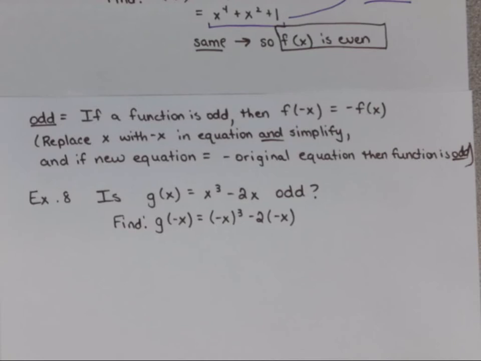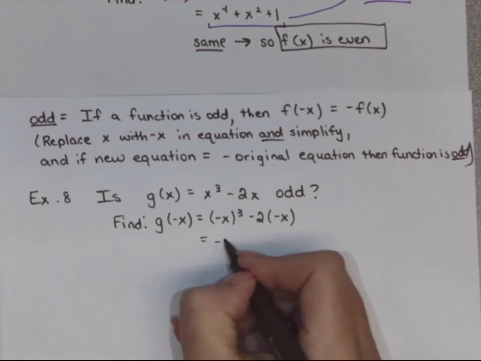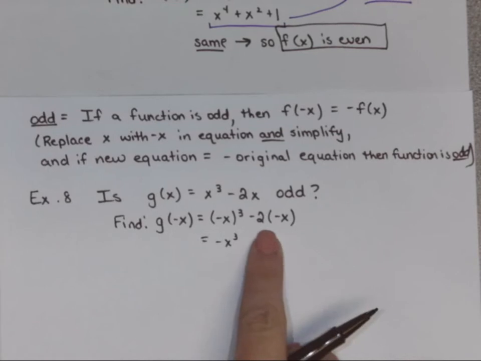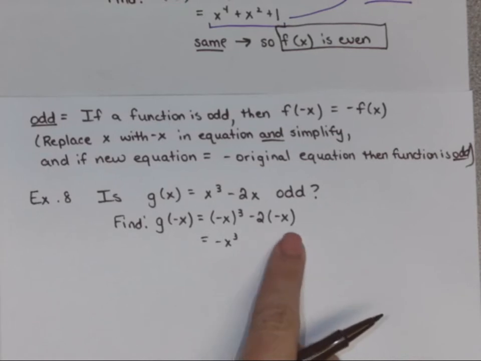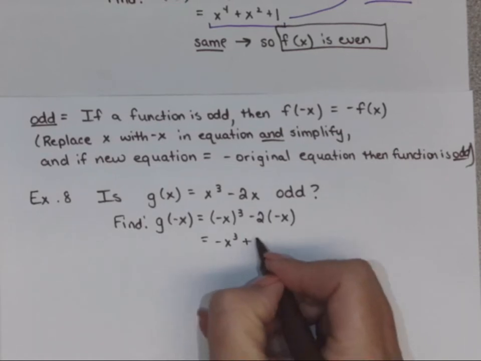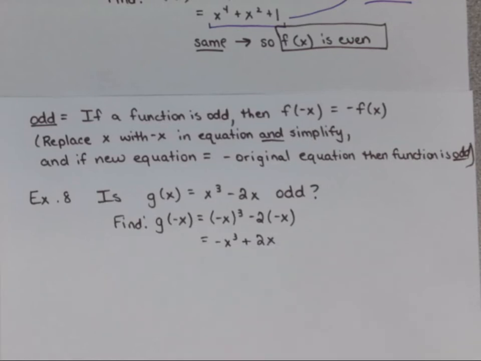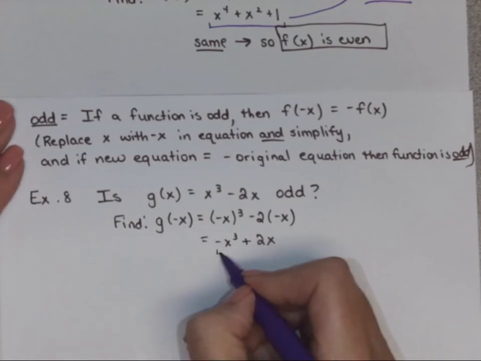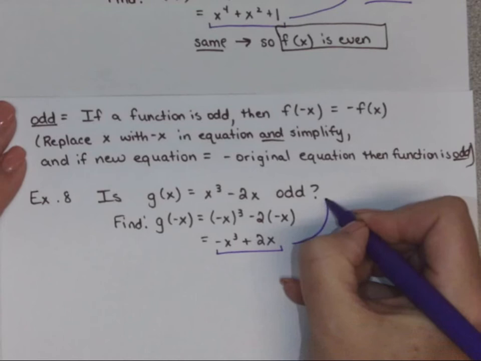That's only 3. So actually, what would it end up being? Negative. If it were an even number, it'd be positive, but it's an odd number, so it's negative. So we get negative x cubed. What about here? What's negative 2 times a negative x? Positive, right? Then again, we compare what we get here with what we started with.